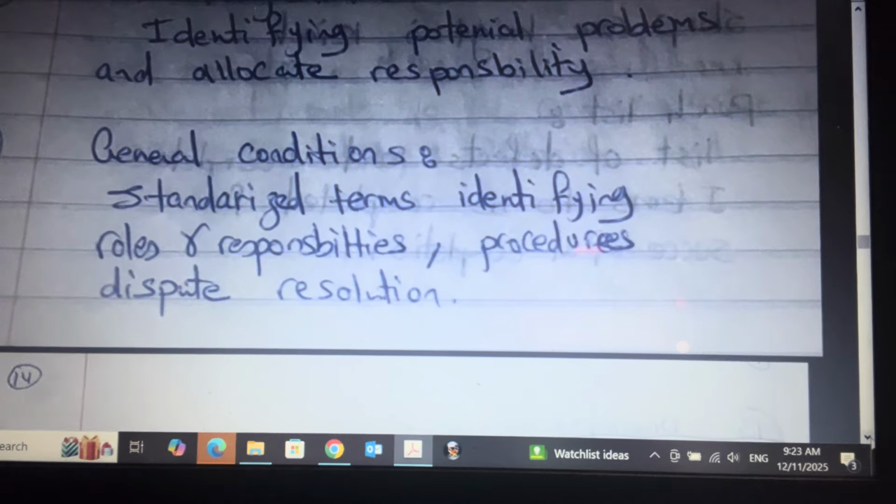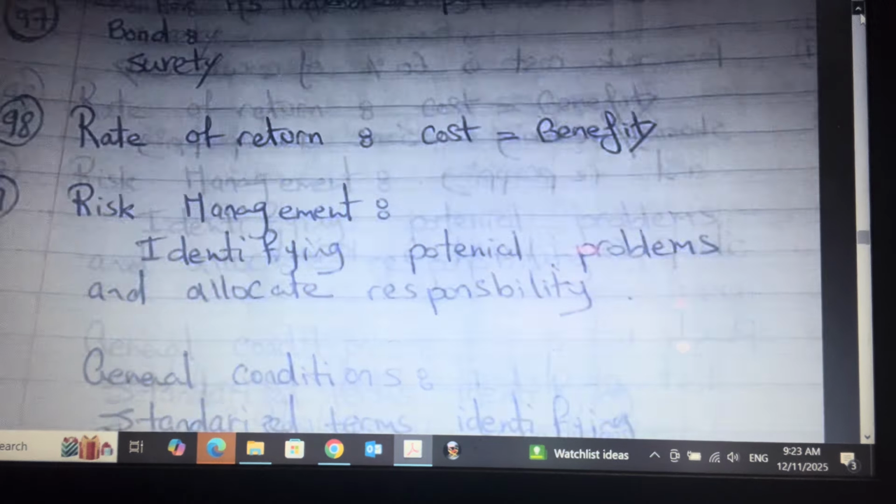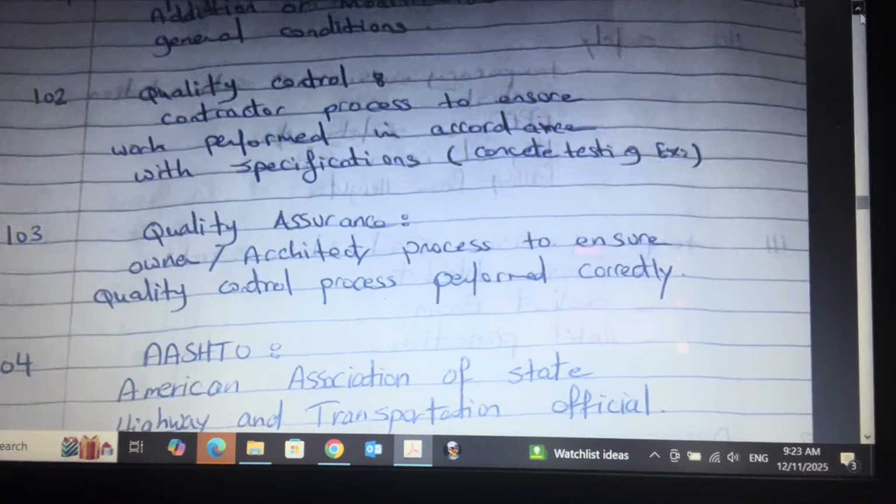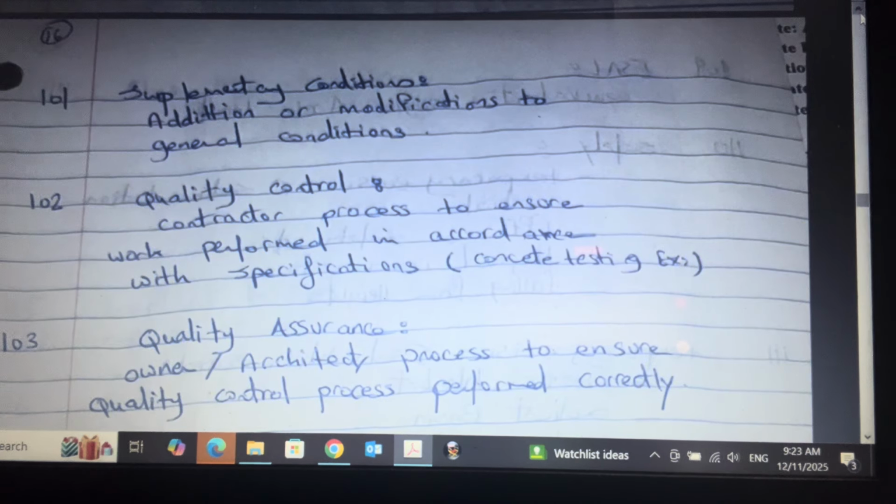General conditions are standardized terms identifying rules, responsibilities, procedures, and dispute resolution. Supplementary conditions are the addition or modification to general conditions.